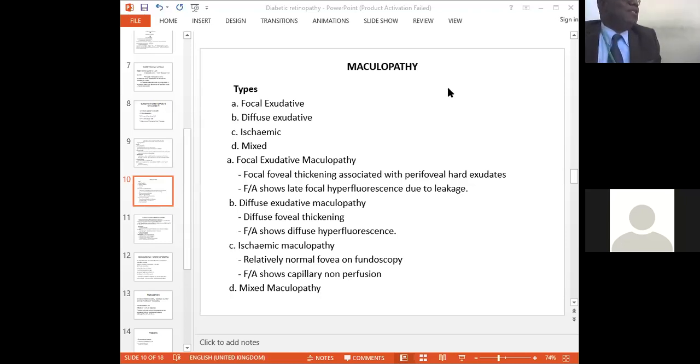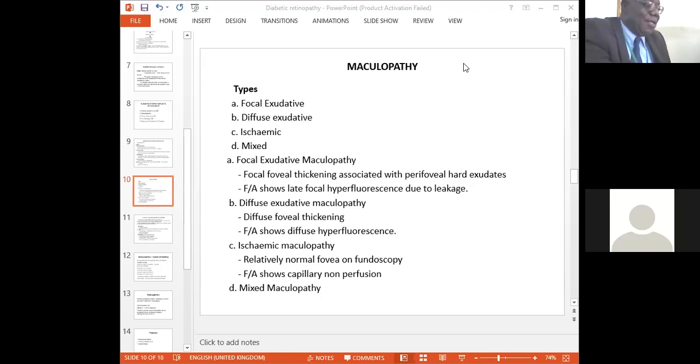The fovea is the most critical area for vision. Once there is thickening because of the edema, that is what we're referring to as the maculopathy, focal exudative maculopathy. The edema is oozed and tends to be a bit elevated, and the vision goes down.